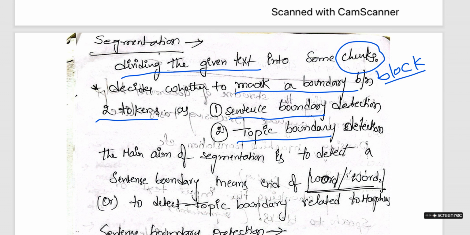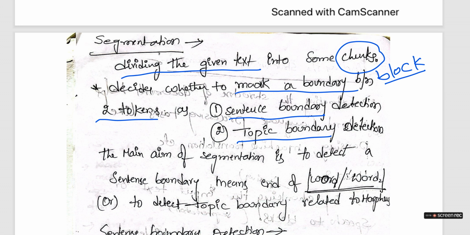We are dividing the given input text into some blocks. What kind of blocks? The individual block can decide that it is a sentence boundary or a topic boundary, and we are going to detect that.